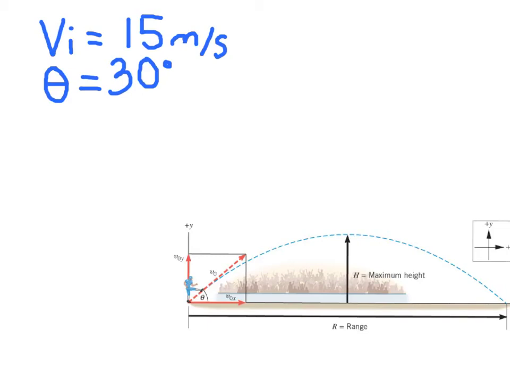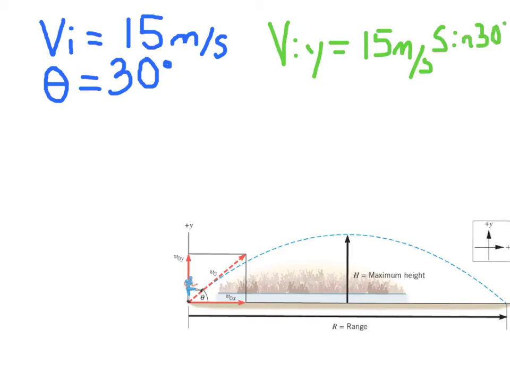So in this example, our initial velocity is 15 meters per second, and our angle is 30 degrees. So in order for us to find out how far the ball went in the x direction, first we need to find out how long it was in the air. So, plugging our values in, we find our initial velocity in the y direction is equal to 15 meters per second times the sine of 30 degrees, which is 7.5 meters per second.